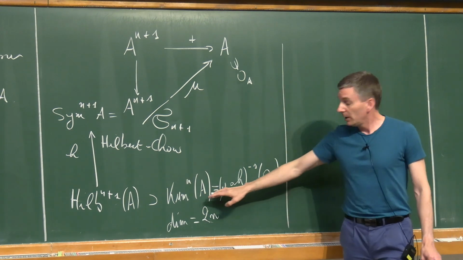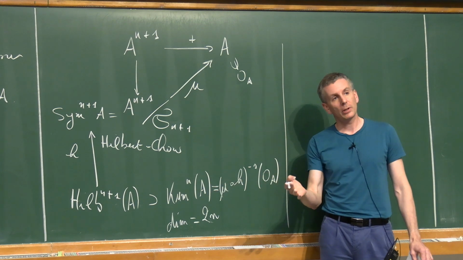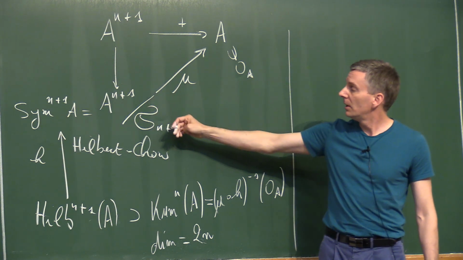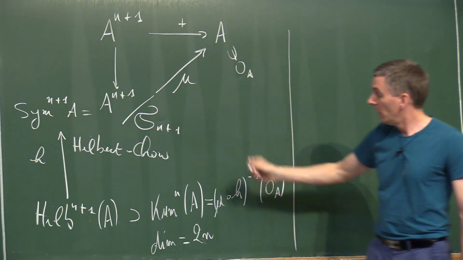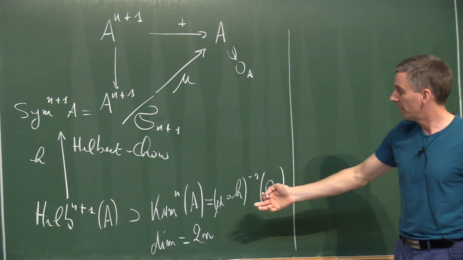What does it do? It parameterizes n plus 1 points on an abelian surface such that the sum, using the addition law on the abelian surface, is 0. Why do we call it a generalized Kummer variety?